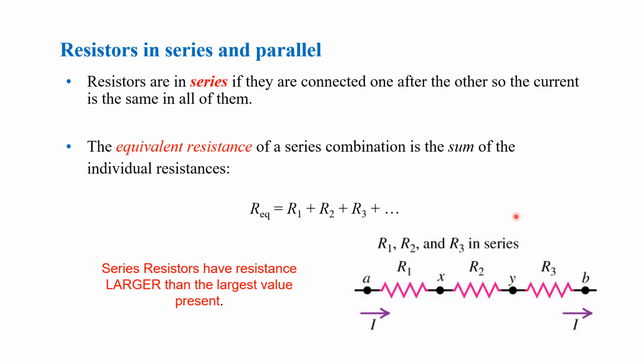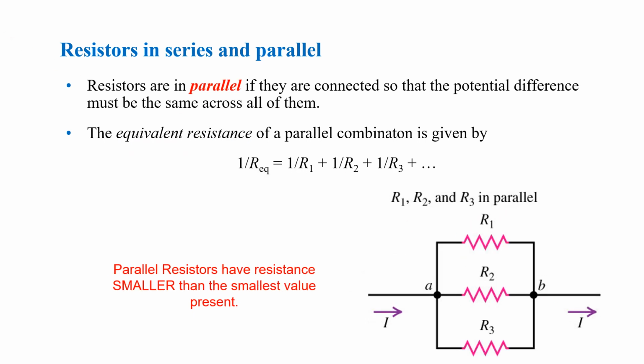Series resistors have a resistance larger than the largest value present in your circuit. On the other hand, resistors are in parallel if they are connected so that the potential difference is the same across all of them. This is an example of resistors in parallel.